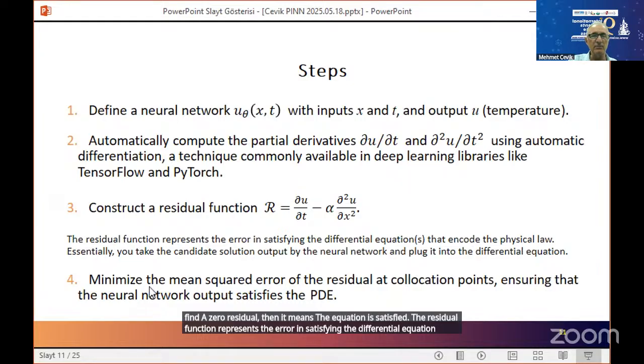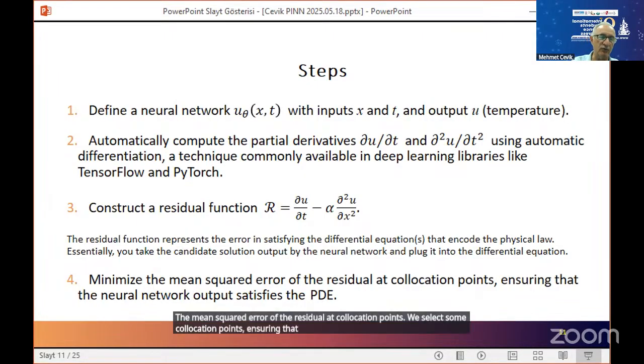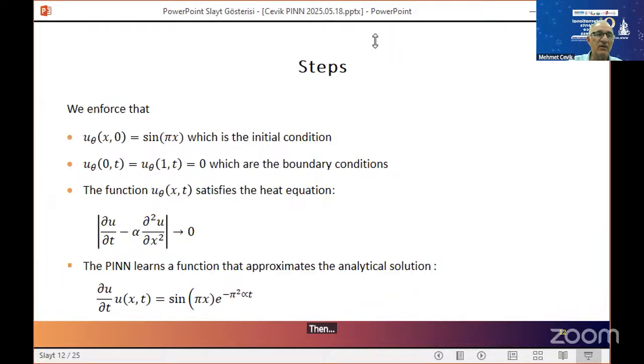And in the fourth step, we minimize the mean squared error of the residual at collocation points. We select some collocation points, ensuring that the neural network output satisfies the equation. Then we enforce the initial and boundary conditions.